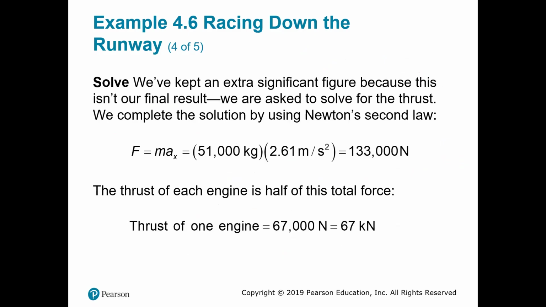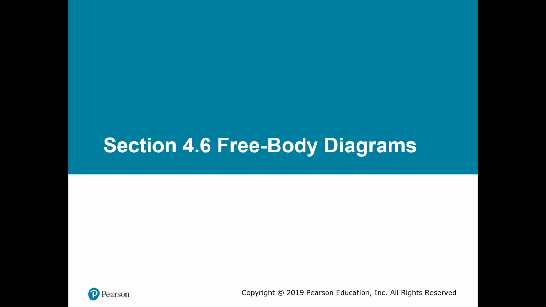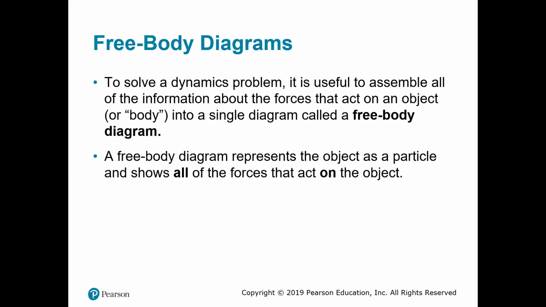So this number is 133,000, and for one engine, it's half of it. Okay. And then the free body diagram, we already talked about the free body diagram, right? We'll go into more detail about this free body diagram next time. Thank you.